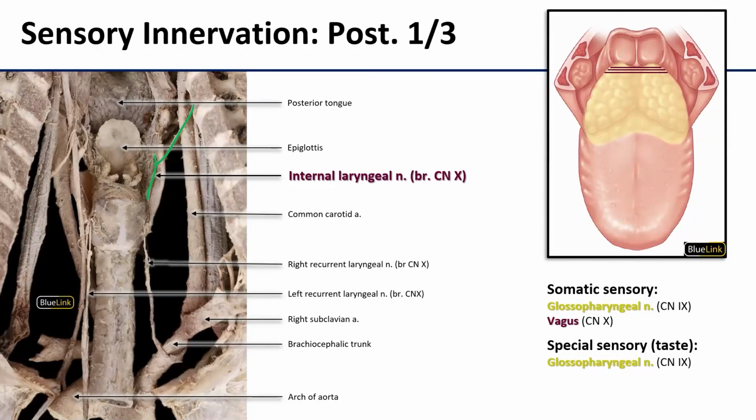All right, some of these fibers are going to travel up to that anterior bit of the epiglottis, so here in the valleculae, and some of them creep forward just enough to touch the posterior part of the tongue and provide some somatic sensory innervation there.